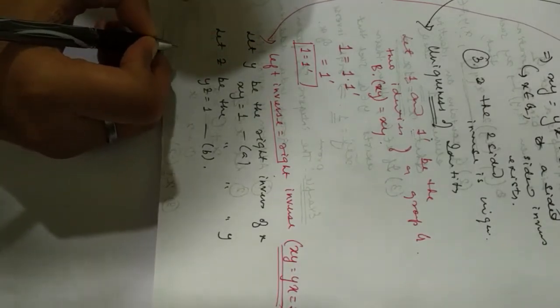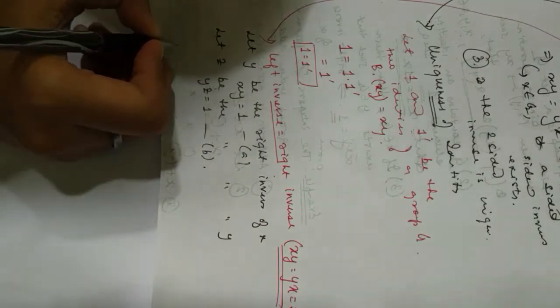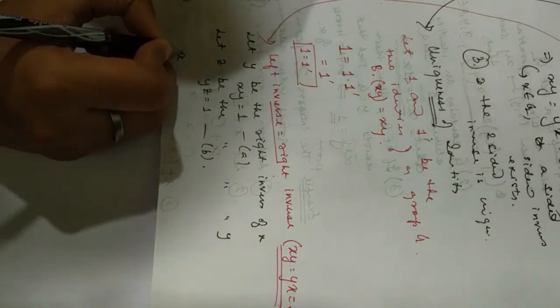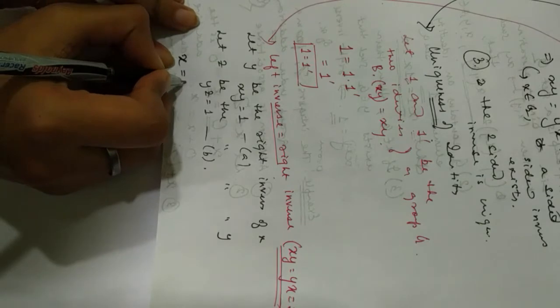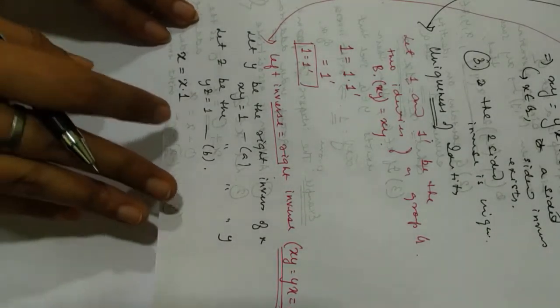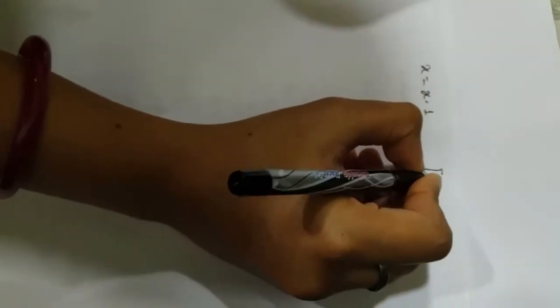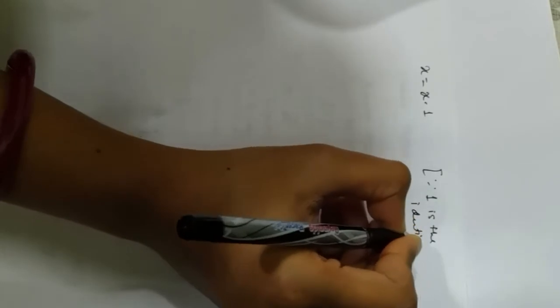So let's start with, you can start with anything for your convenience. Say I'm starting with x, right? Now x can be written as x dot 1, since 1 is the identity element.